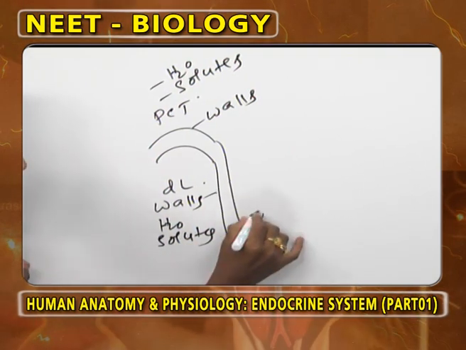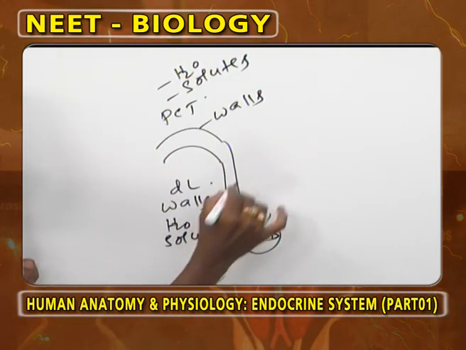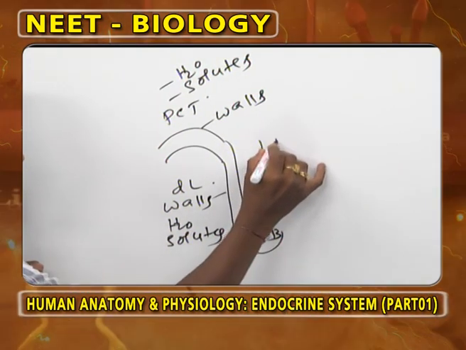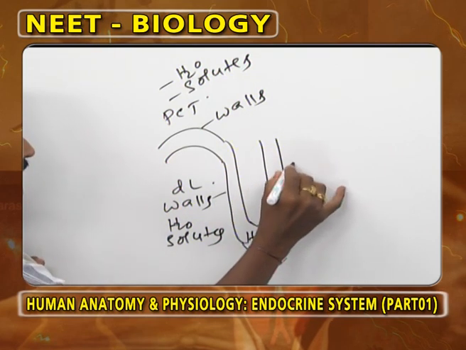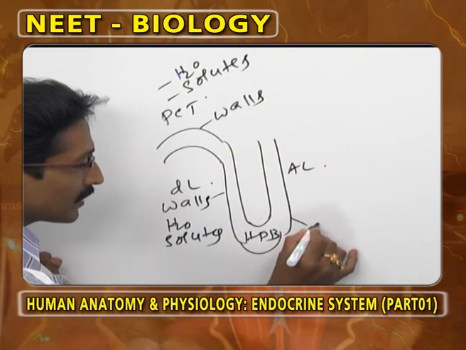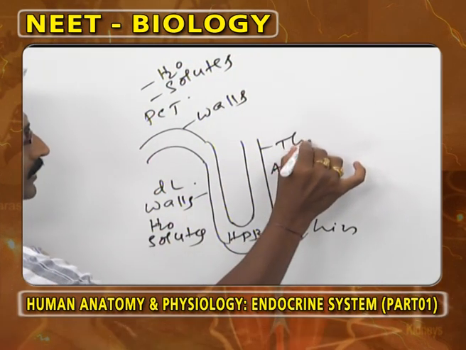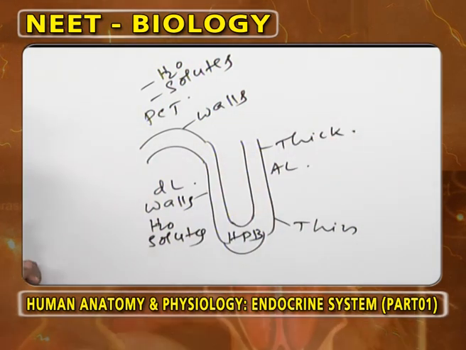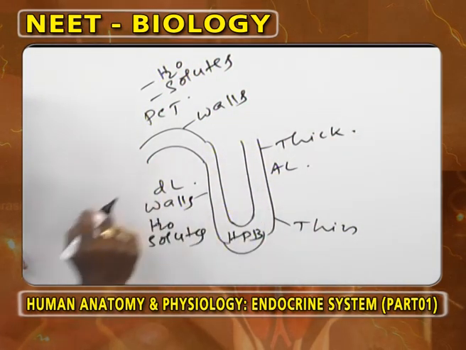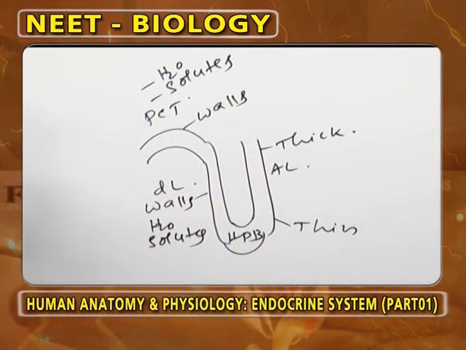Now this part we call the hairpin bend, and this one we call the ascending limb. As we observe the ascending limb, this part we call the thin part, and this part we call the thick part. It is impermeable to water.